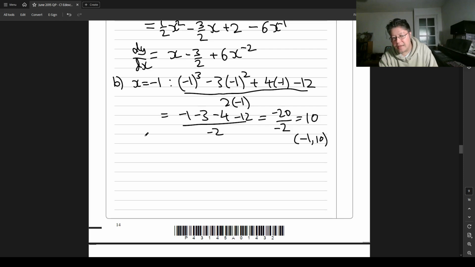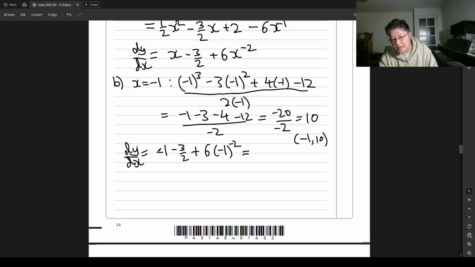Now we need to get the m, the gradient. So let's substitute minus 1 into the derivative to get the gradient. So that's dy/dx equals minus 1 minus 3 over 2 plus 6, and we'll put minus 1 in there, and we'll work this out.